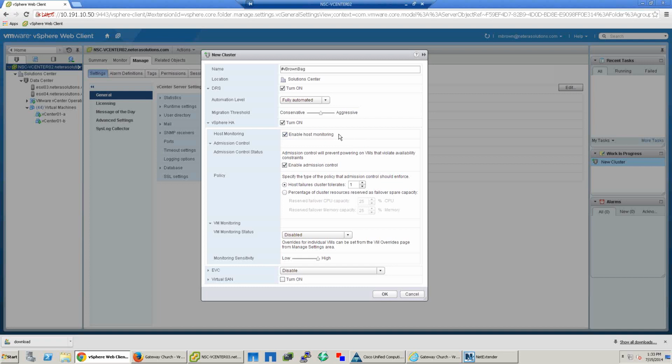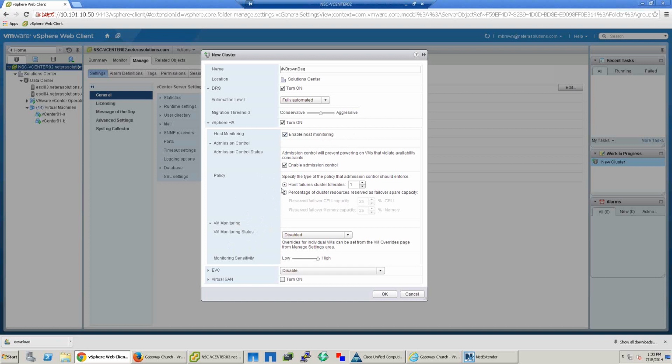But there's the probably lesser known and certainly lesser used feature of VM monitoring, and with some new versions of vSphere coming out, App HA as well. They can monitor your VM status as well as your application status.